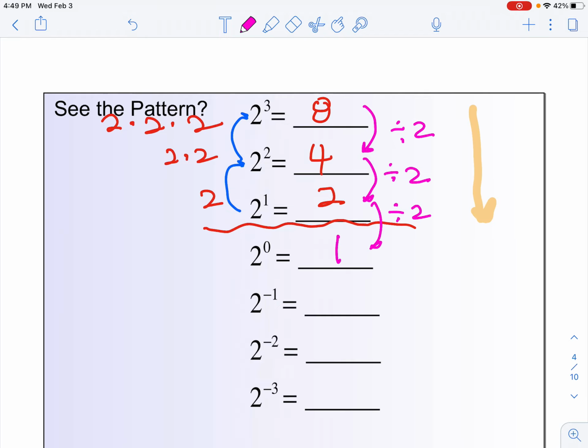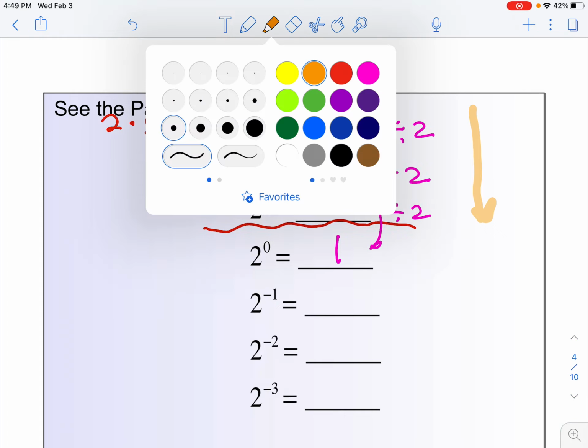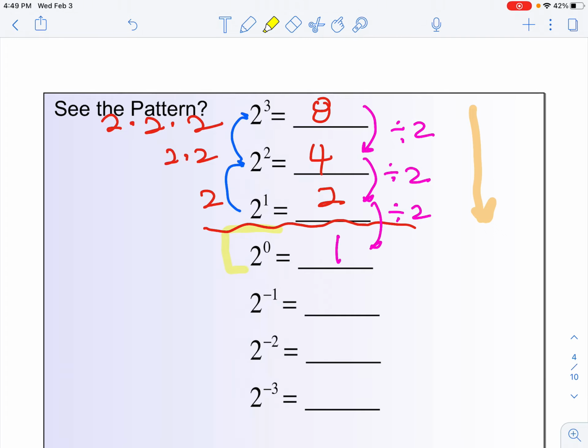Really? No, that's true. Really, that is exactly true. So anything to the 0 power is always going to be 1. So that's the first thing that we're going to be looking at, is anything to the 0 power is always going to be 1. Now, this is trying to help show you why.